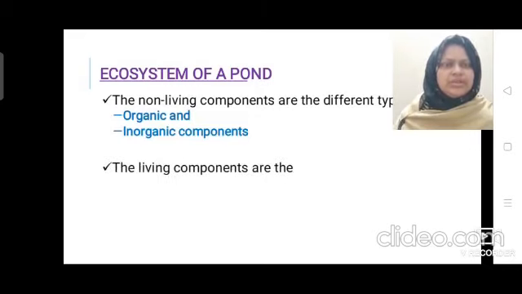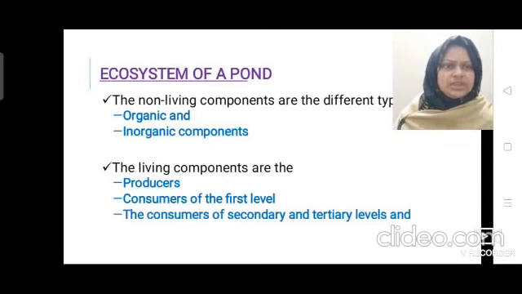The living components are the producers, consumers of the first level, consumers of the secondary and tertiary levels, and different types of decomposers.